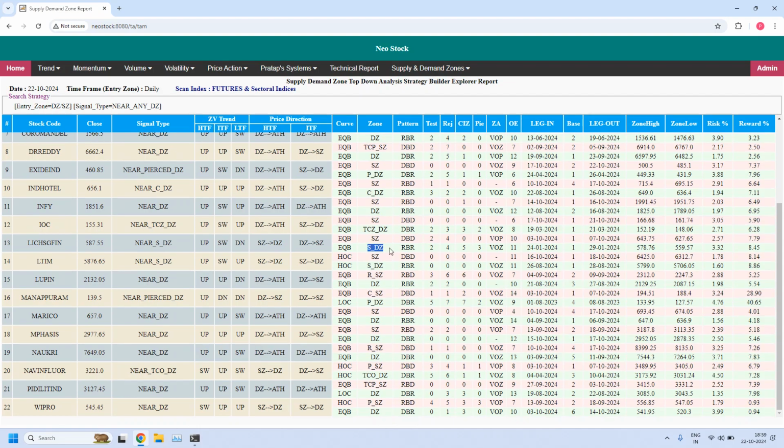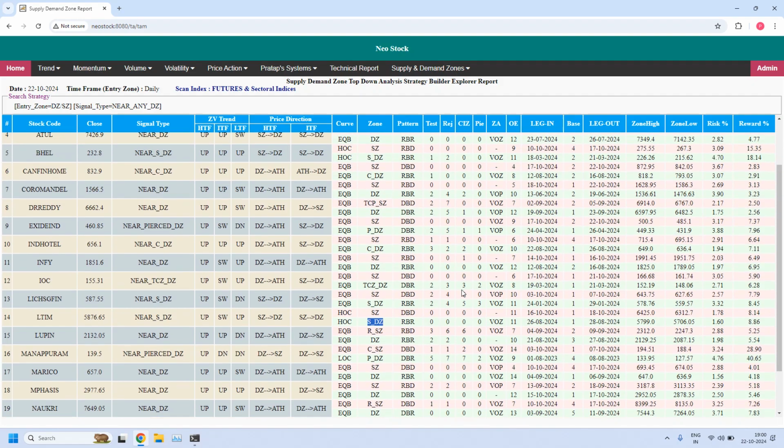Next one is LIC Housing Finance, but this is not valid because it is a pierced zone. It's not valid. So next one is LITM. That's it. This is the last one. So total we identified 6 high liquidity daily demand zones from this list.